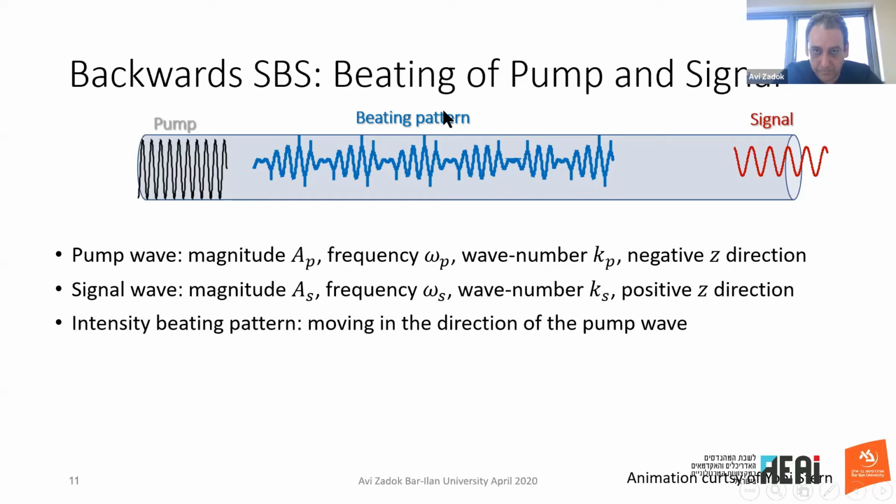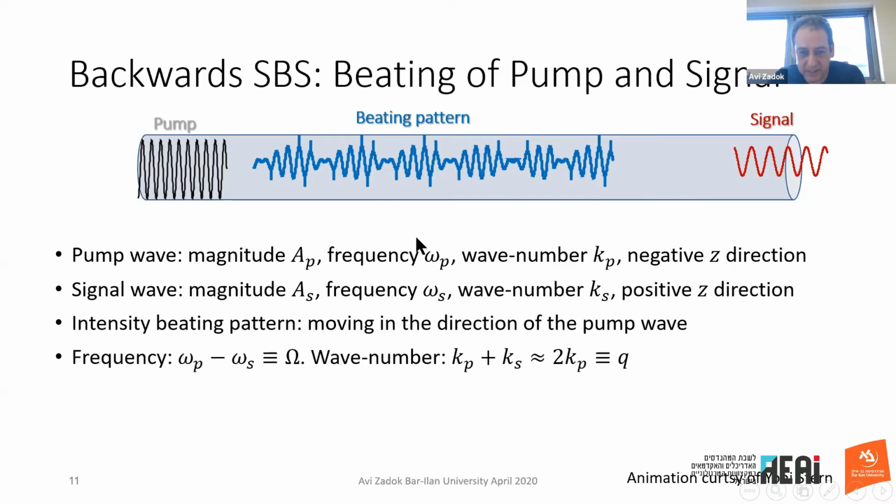If the two waves were the same frequency, what we could expect is a standing wave, like we've seen many times in our studies. But this case is slightly different, because the frequency of the pump and the frequency of the signal are not exactly the same. They are detuned. Therefore, this overall intensity pattern that I tried to show is not stationary, it is moving. It is moving in the direction of the pump. And what can we say about it?